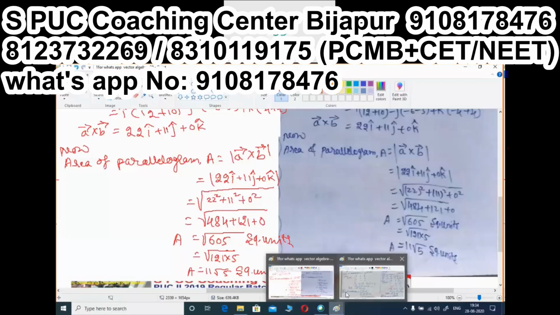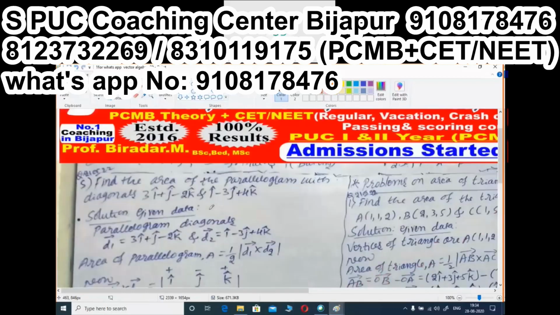Just a minute, I will change it here. So the fifth problem is based on the area of the parallelogram with the diagonals he has given. Let us note this problem first, everyone. Fifth problem, and above that you can write, as usual, question number 21 or 22.